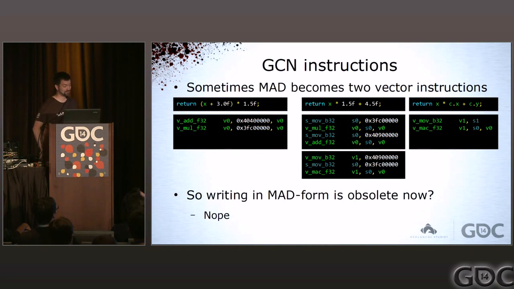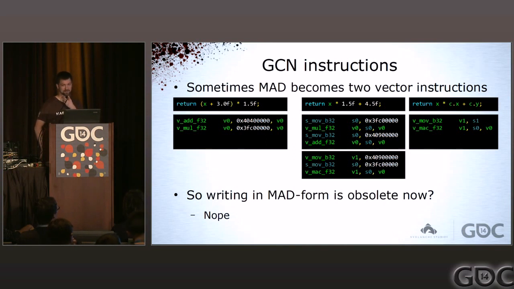The first one is actually an add followed by a multiply, to illustrate. And the one in the middle, if you convert that to a multiply and add form, you still have two vector instructions there, and even added a couple of scalar instructions. And if you fetch things from a vertex buffer, even here it had to add a move instruction first before doing the multiply and add.